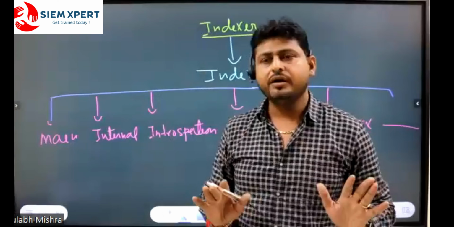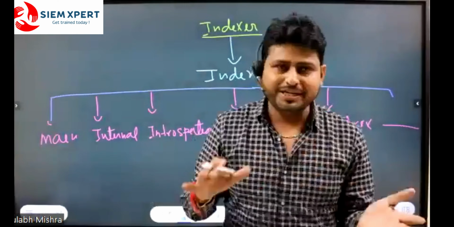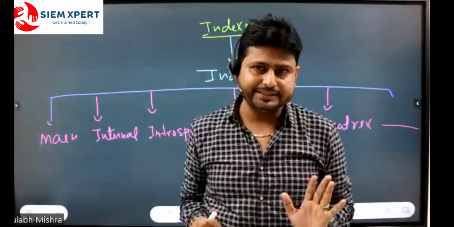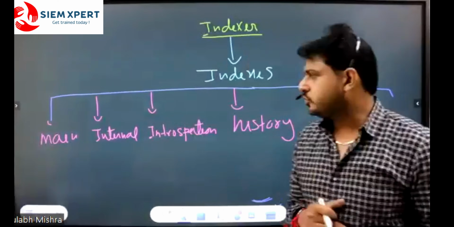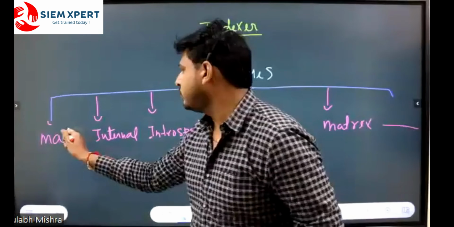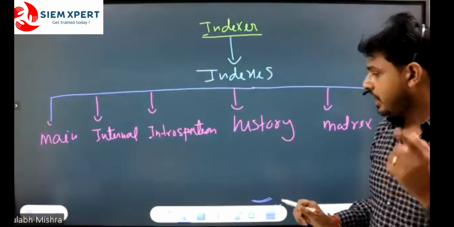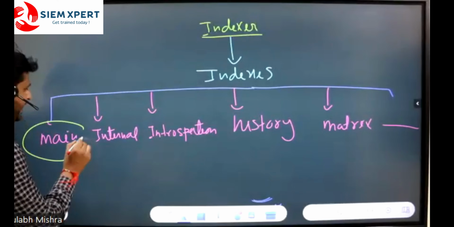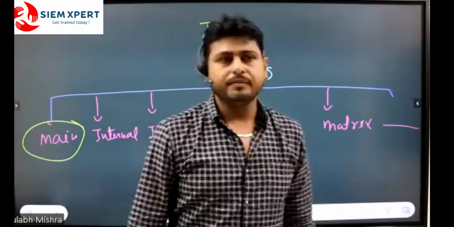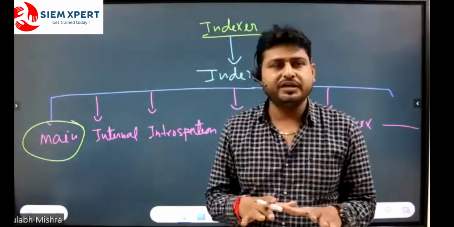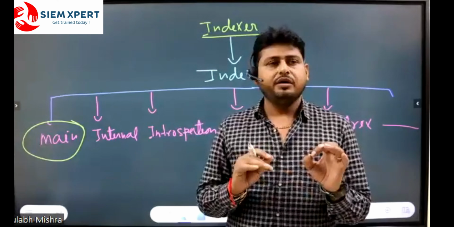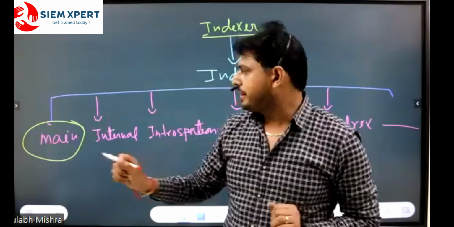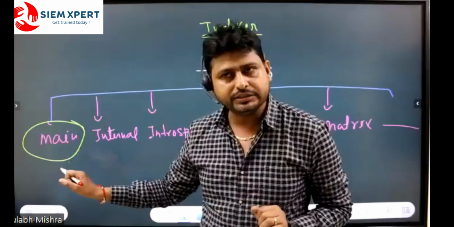However, if you want to create customized indexes yourself, you can create multiple such customized indexes. But when you install Splunk, you have these 11 indexes. Out of these 11, only the main index is the default index.